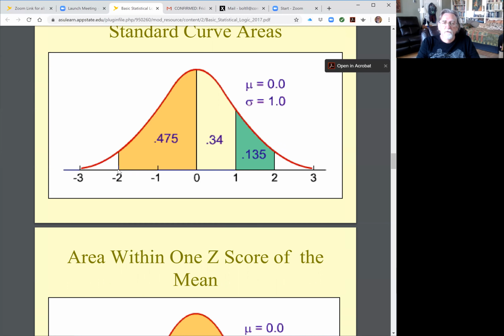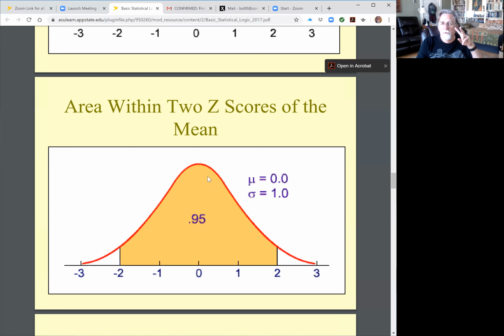Now, as it turns out, this standard normal distribution occurs in 2 places: when we're doing z-scores and when we have a set of values that has an infinite number of items. So this occurs when we have z-scores, and it also occurs at infinity.